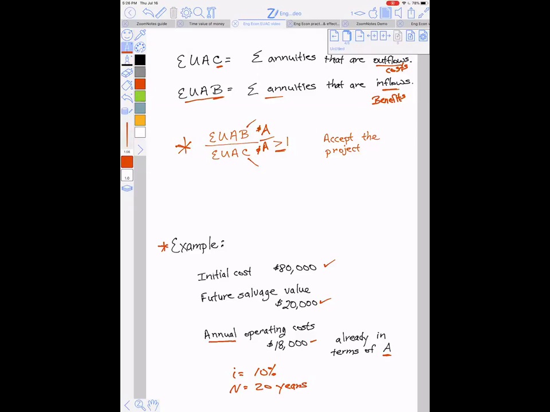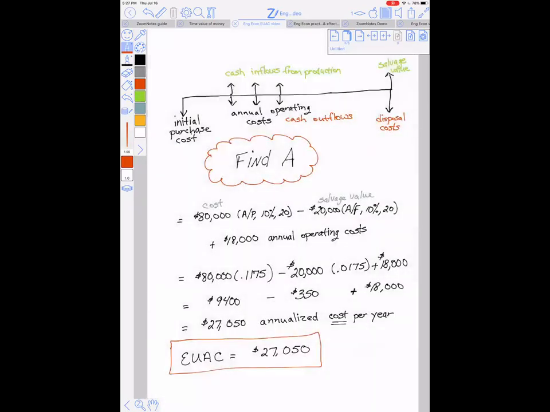Okay, so let's find the equal annual benefits and equal annual costs of that series of cash flows. Before we get into the calculations, I just want to show you this time diagram, cash flow diagram that I've drawn. Initial purchase cost in our case is $80,000 going out. Annual operating costs would be cash outflows, right?